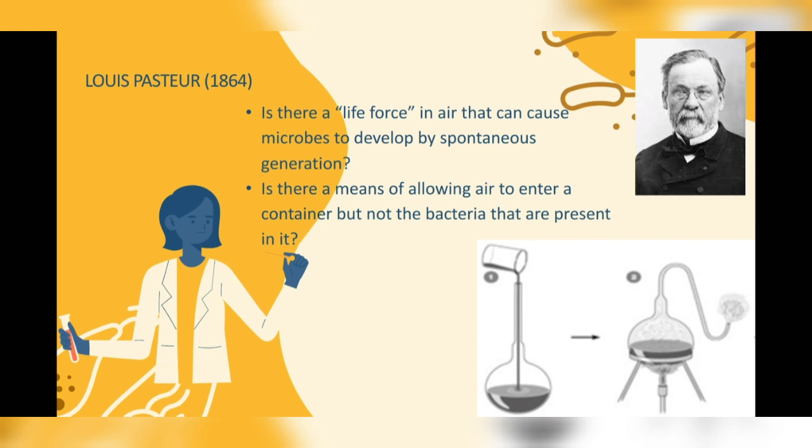And it was also followed by Sir Louis Pasteur in 1864. So way back in 1858, Rudolf Virchow challenged the case for spontaneous generation with the concept of biogenesis, hypothesizing that living cells arise only from pre-existing living cells.